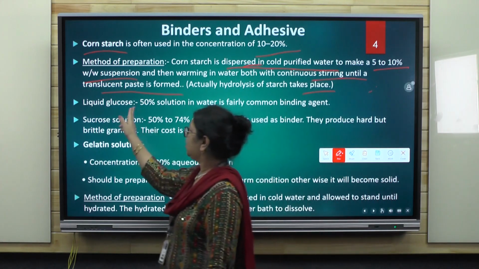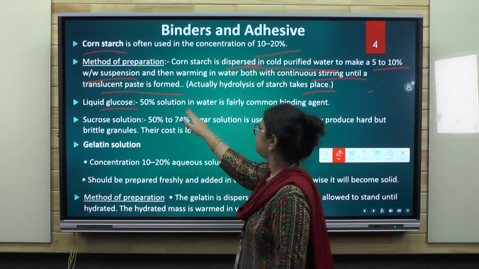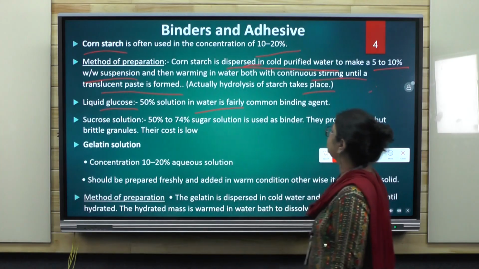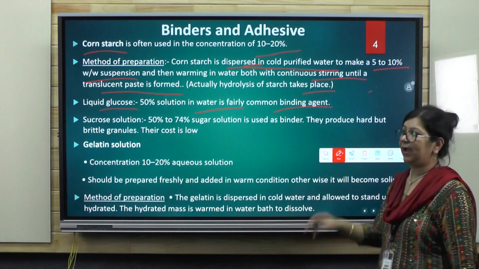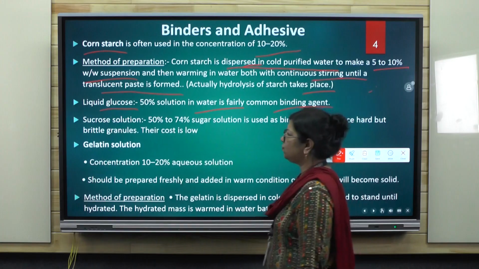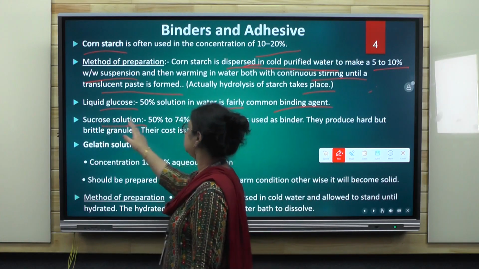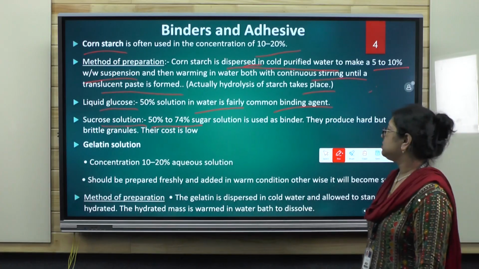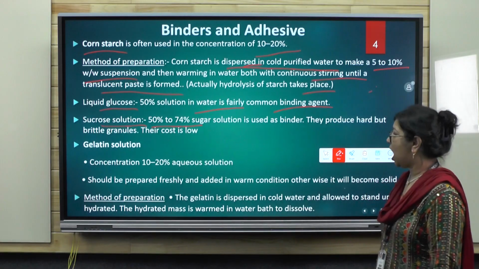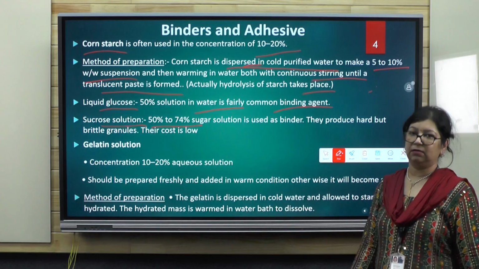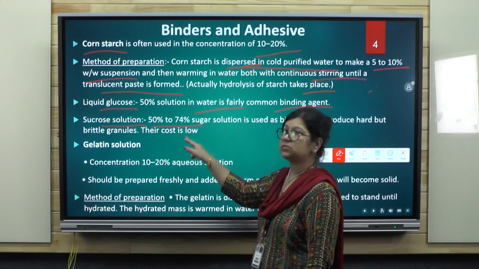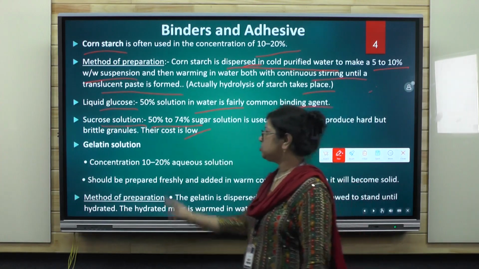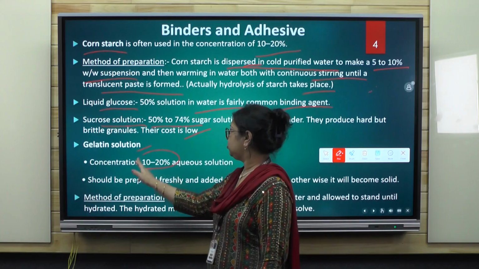Now second one is liquid glucose, which is a 50% solution in water, and it is a very common binding agent. Sucrose solution is used in the concentration of 50 to 74%. Sugar solution is used as binder. They produce hard but brittle granules, and their cost is low. Gelatin solution, concentration used is 10 to 20%.